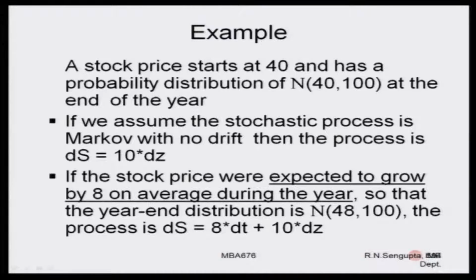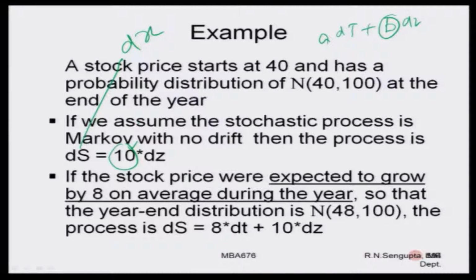So rather than dx it could have been dx also. We are now utilizing the symbol to make our understanding simple. So ds is equal to, if you see the formula, a into dt plus b into dz. This is the value of b, which is 10. So ds is equal to 10 into dz.